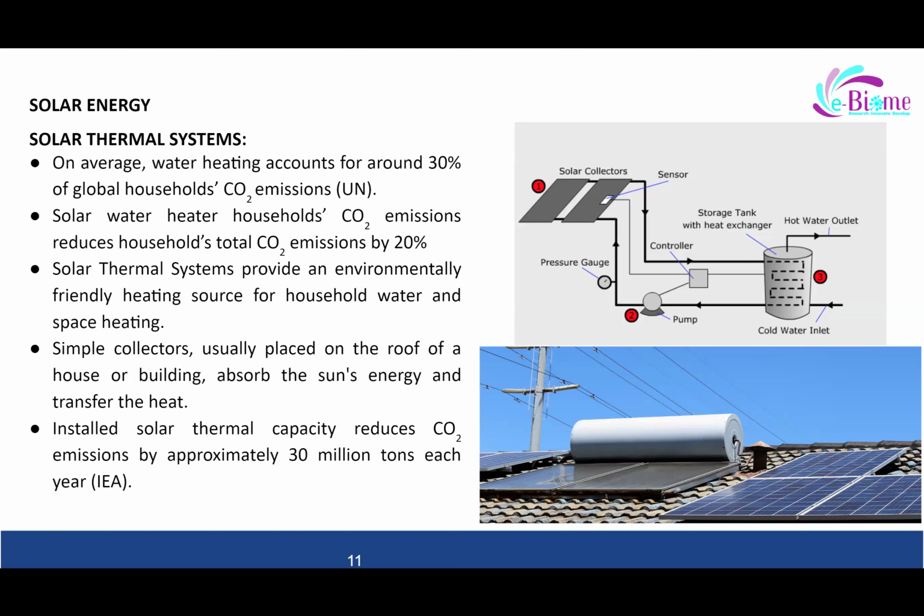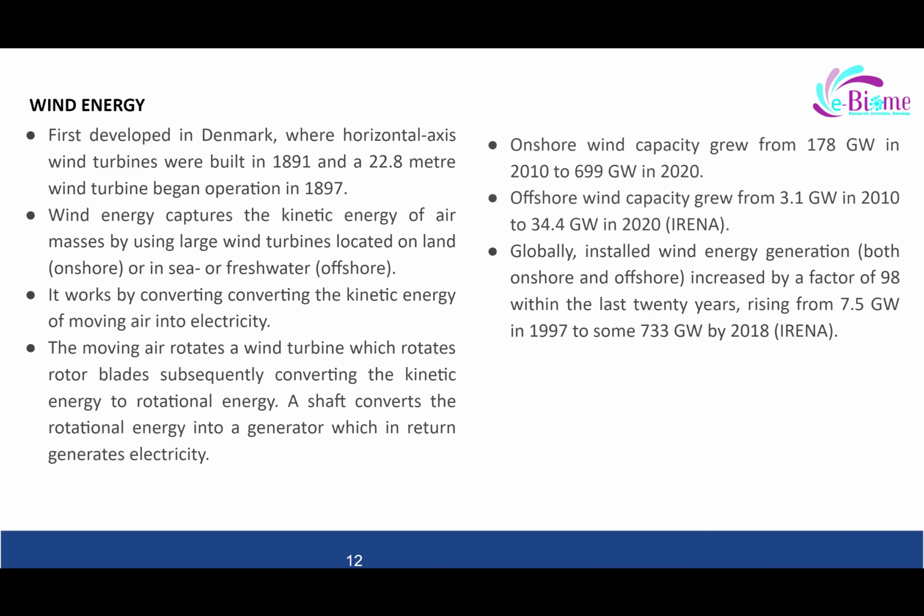It reduces CO2 emissions by 30 million tons each year, instead of relying on fossil fuel related heat sources like gas stoves at home, or even burning coal at home. This serves as a sustainable and reliable source of heating for anyone who wants to heat water at home. So let's now move to wind energy.